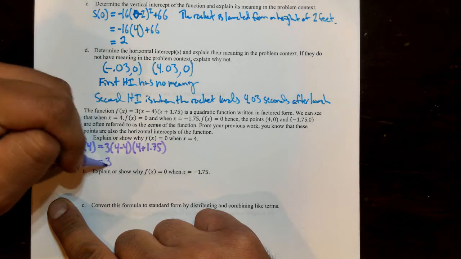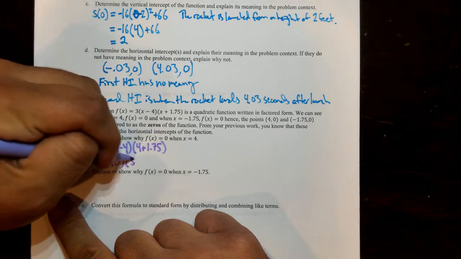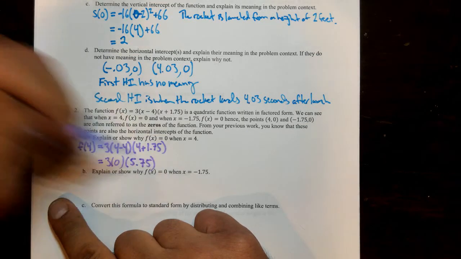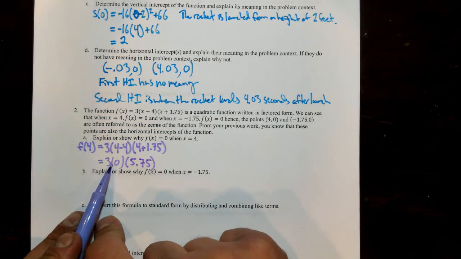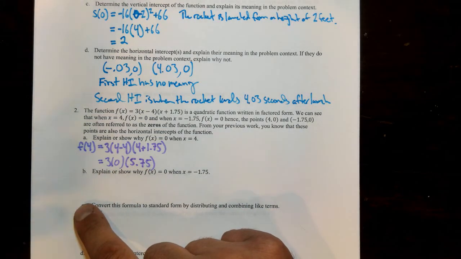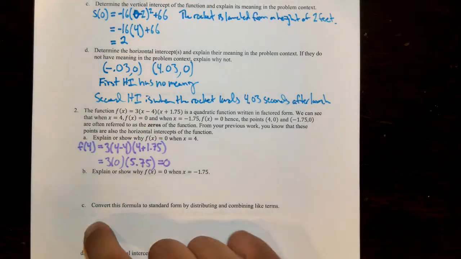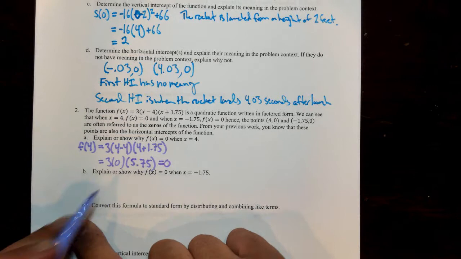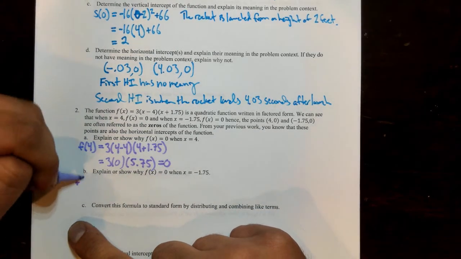So we're going to get 3 times 0, that's 4 minus 4 is 0, times 5.75. And notice that when we're multiplying, if one of the factors is 0, the whole thing is going to zero out on us. And likewise, the same goes for when we plug in negative 1.75.